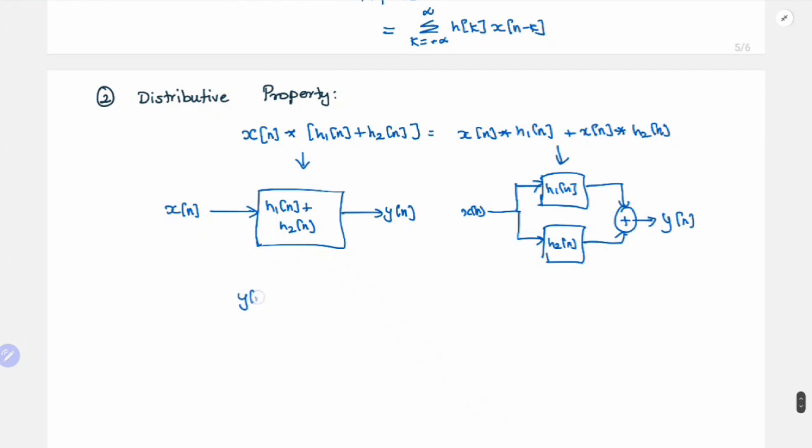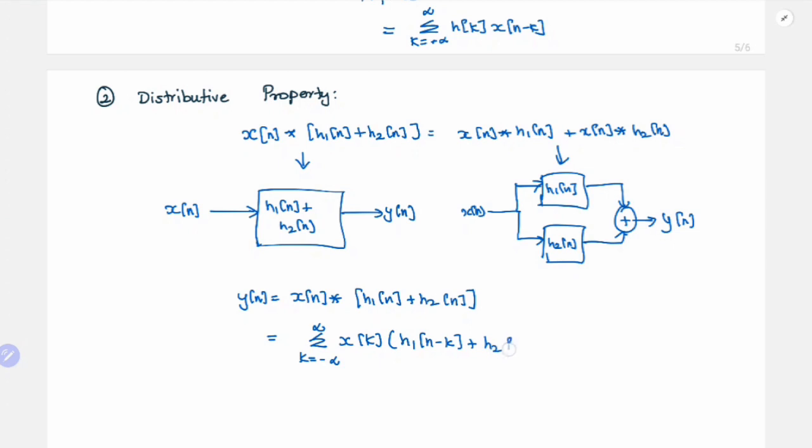So you have y of n equal to x of n convolved with (h1 of n plus h2 of n). So this is nothing but summation k equal to minus infinity to infinity x of k into (h1 of n minus k plus h2 of n minus k).